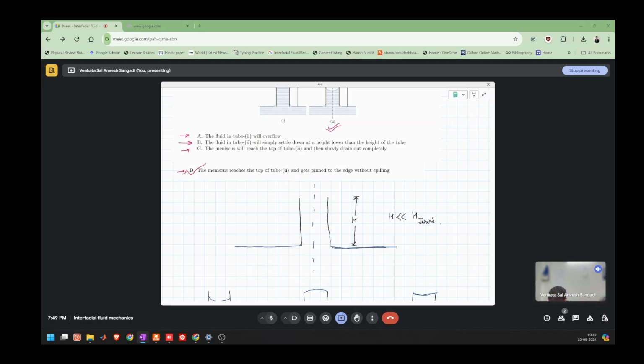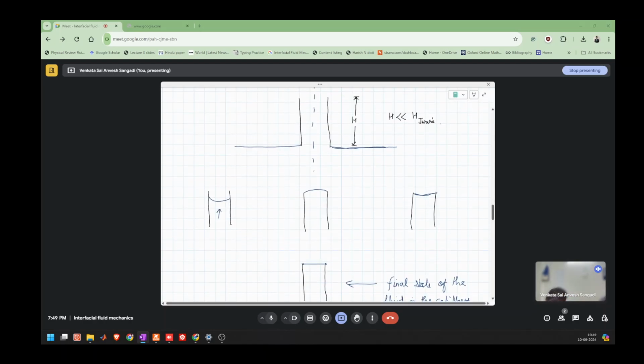So there will be a capillary rise where the surface tension force dominates and makes the fluid rise up. And as it reaches up, due to inertia, it will slightly overshoot and create a small bulge.